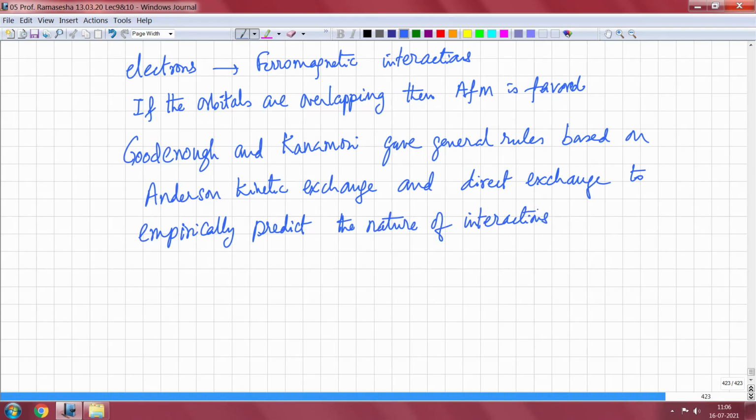So, using these rules you can say, given a system, whether the system is going to have ferromagnetic interaction or antiferromagnetic interaction and so forth.